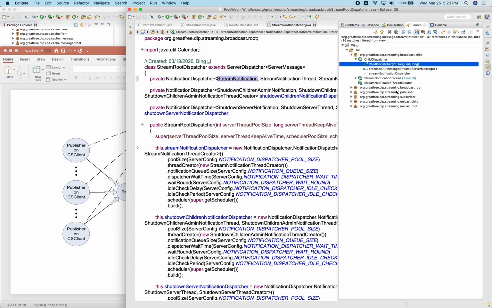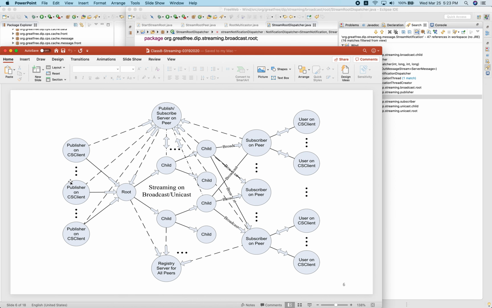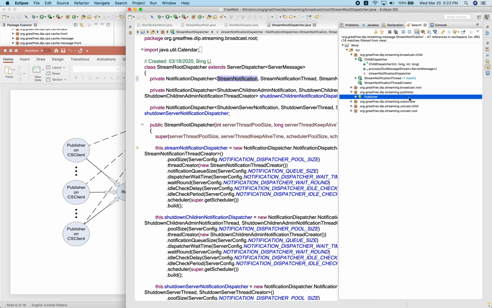Okay. You can see here there is a publisher, right? This is the publisher. What is a publisher? The publisher is implemented on the client. So that means the streaming notification originates from the publisher. Publisher means the author. All the data is created by the publisher.